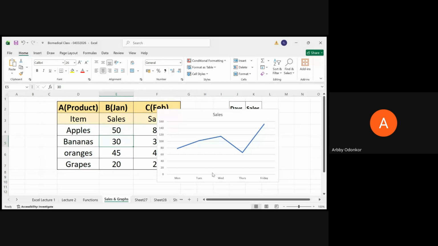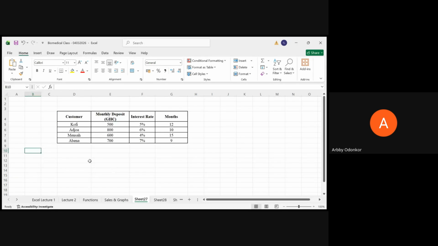You said the question was what? Calculate the total savings using monthly deposit times months. Okay, total savings. In this case, you calculate for each individual, and then you find the total. Is that what you did? Yes, madam. All right. I'm Patrick.